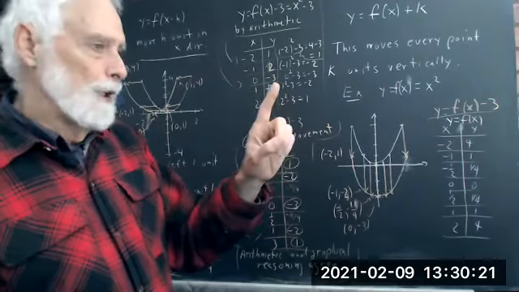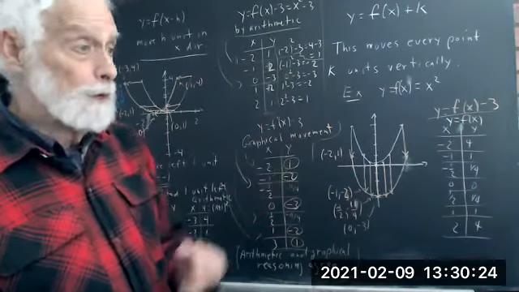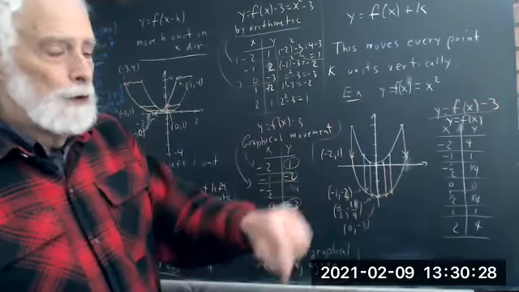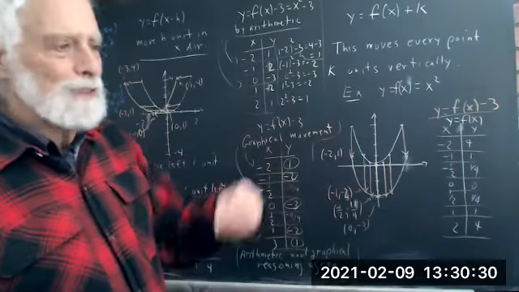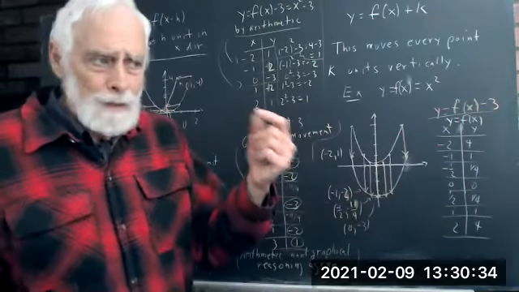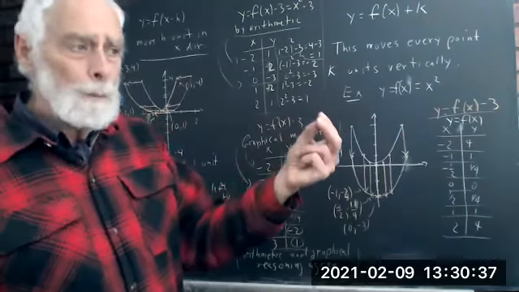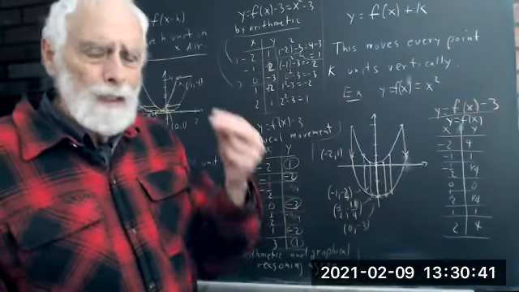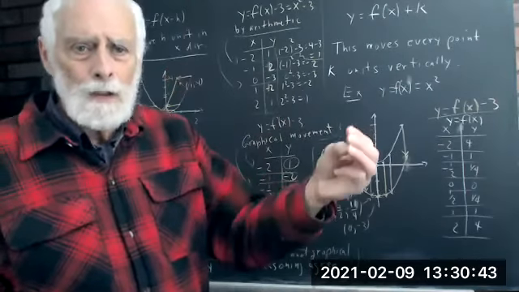One is by adding, subtracting, multiplying, or dividing 2 functions, which is fairly easy to understand and fairly easy to do algebraically. Although if you try to analyze them algebraically, you can get a little hairy. But okay, you can do that. You can do composites, which we've talked extensively about. And you can transform them.